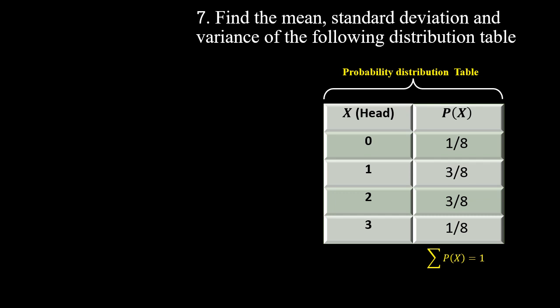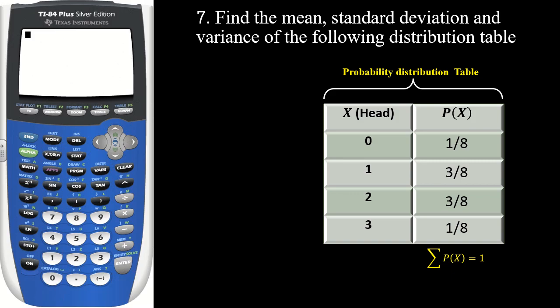Now, if we have a probability distribution table, we can find the mean, the standard deviation and the variance. We're going to use the calculator for that. So we're going to enter X in L1 and the probability in L2, and we're going to do 1-Var Stats L1, L2. So we entered X in L1 and we're entering the probability in L2.